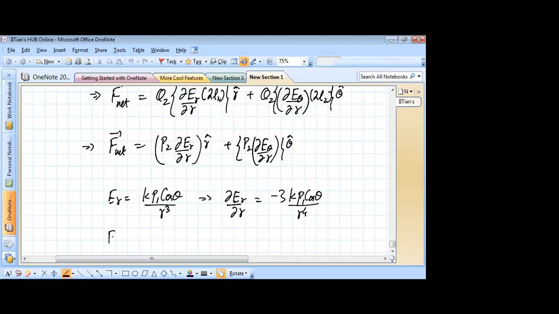Right? And the tangential component was Kp1 sin theta. This one was twice, so there will be an extra 2 term here, so it will become minus 6. And this one is just this. Okay.